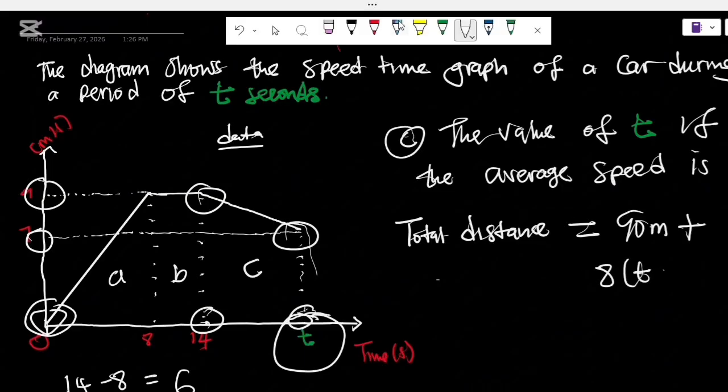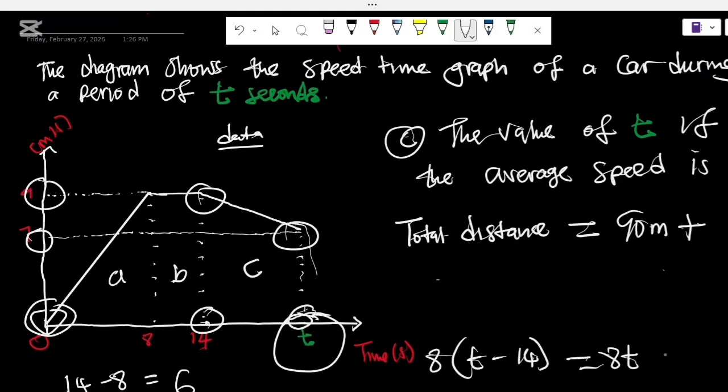Now we can actually evaluate this. What is 8 multiplied by everything that is in the brackets? So here we are going to get 8 times t, because we have this 8 times (t minus 14). So 8 times t is equal to 8t, and this is minus 8 times 14. Now 8 times 14 is actually 112.